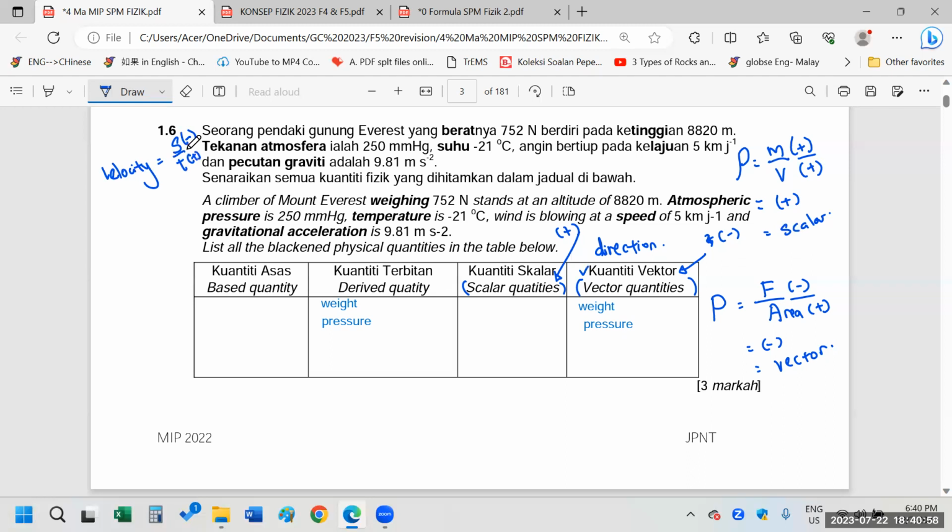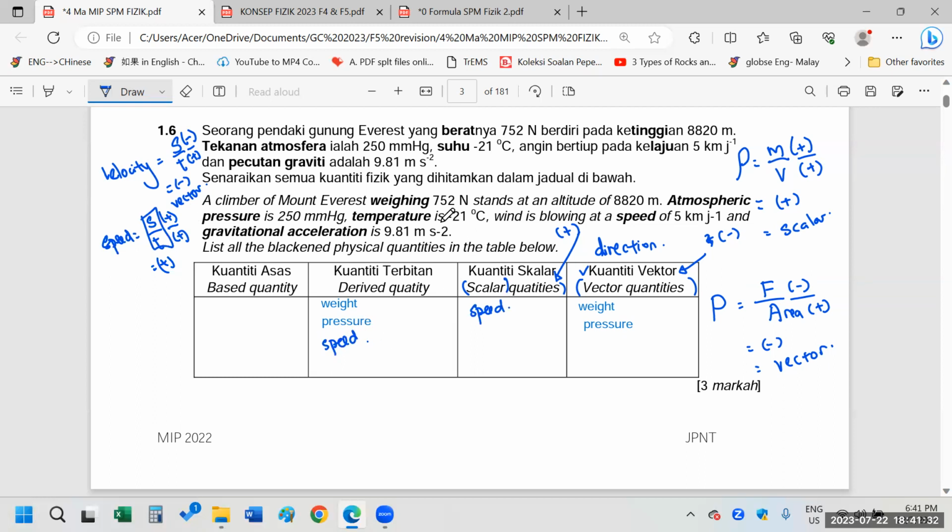Time is positive, we don't count direction. So velocity is a vector quantity. Speed is distance over time. Distance is a scalar, time is a scalar, so positive means it is a scalar quantity. So speed is a scalar quantity, but at the same time, it's a derived quantity.